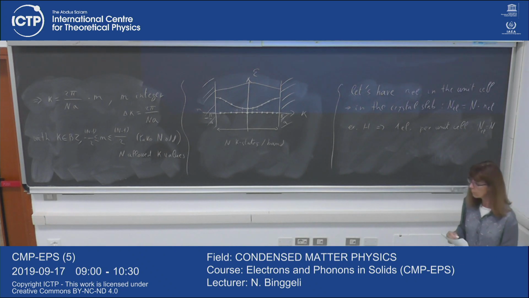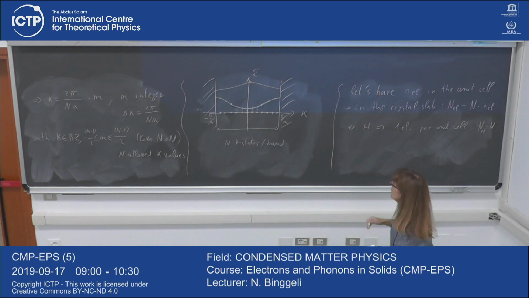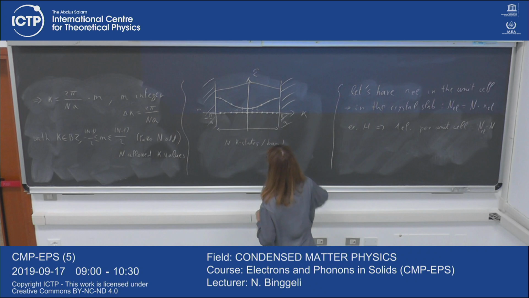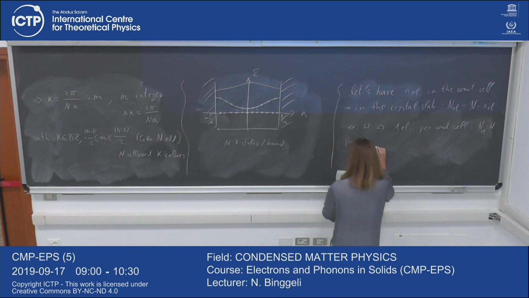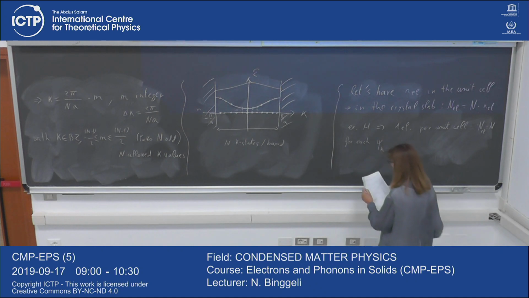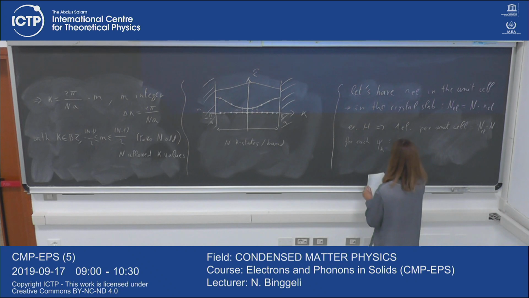Now, for each of the psi k states I have here, so e to the ikx times my u k, that corresponds to the eigenstate here, for each of these k, I can have two electrons because I have also the spin states, so it can be spin up or spin down, alpha or beta. So I can have two electronic states from this psi k.